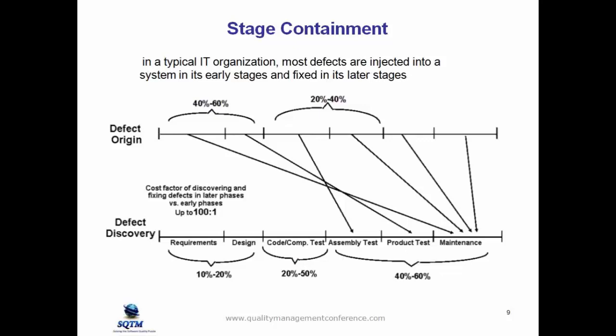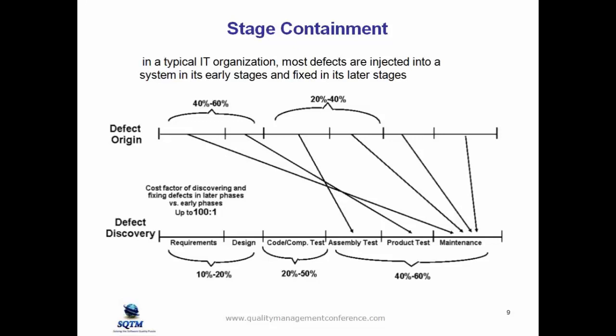So going back to the previous notion that 40 to 60% of defects originate in requirements and design, you can see there's a lack of stage containment, because we're not finding 40 to 60% until we get into product test and maintenance. You see those lines are almost horizontal. That's not very good stage containment.